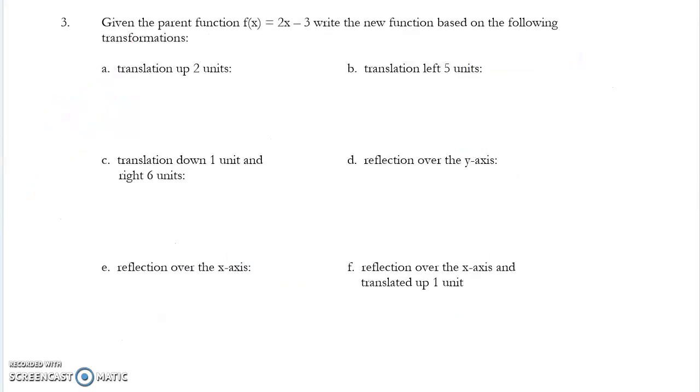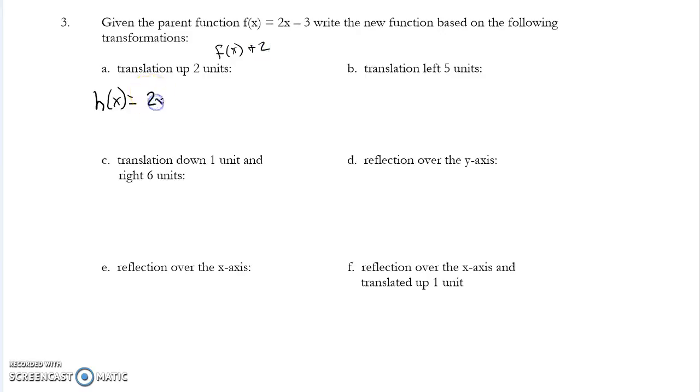So the last thing I want you guys to do is see if you can write new functions based on the given transformations here. So if I give you this parent function and I ask you to translate this up 2 units, as an example, I'm going to call this new function h of x, and up 2 units means that I'm going to take f of x and add 2 to the whole thing.